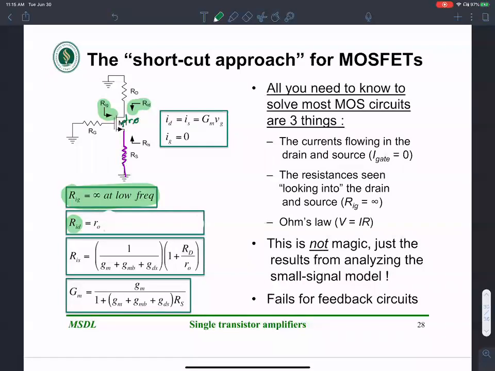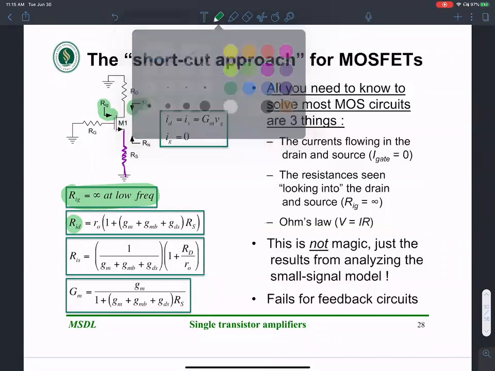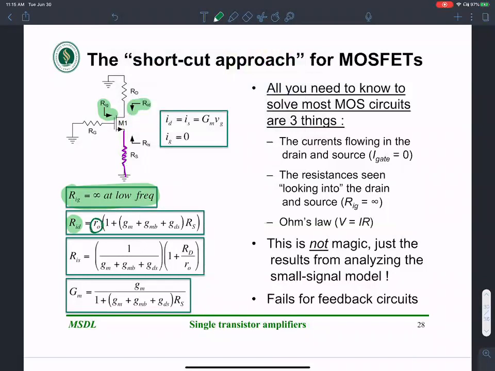But because of source degeneration, what happens is the resistance R naught is multiplied by a really large number.